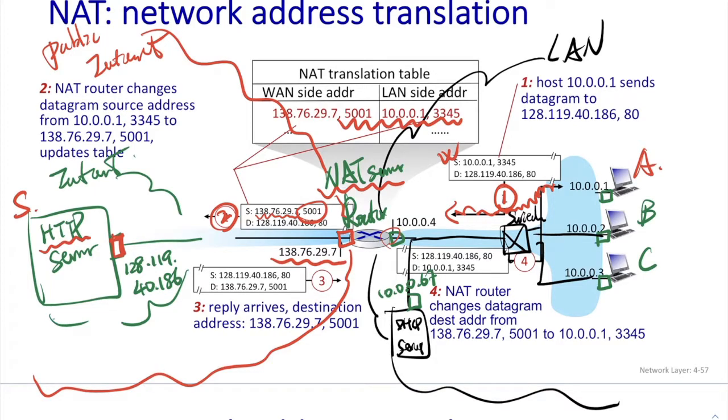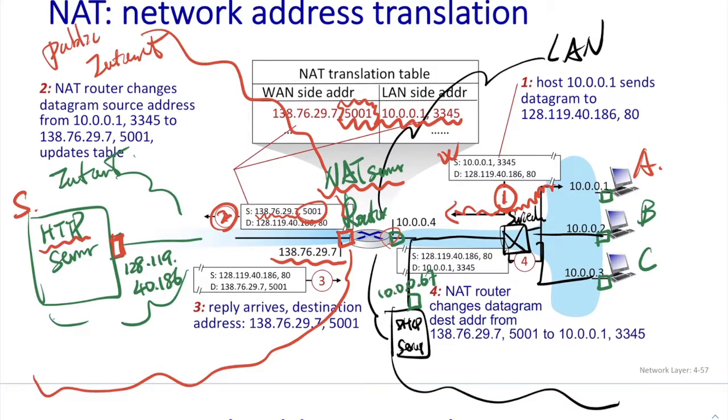So the NAT server has a NAT translation table. After it received the first red packet, it had to specify an entry in the NAT table, saying, okay, I use a new source port 5001, and replace it with the old private IP address and its corresponding source port 3345.